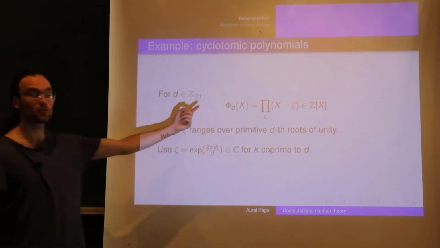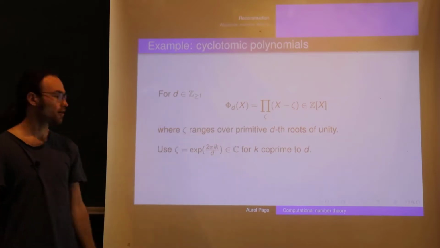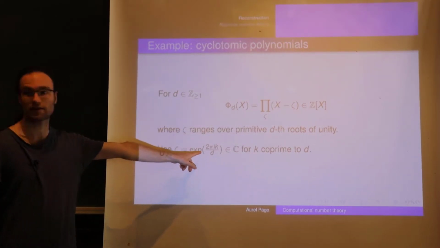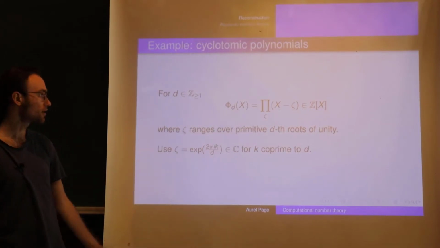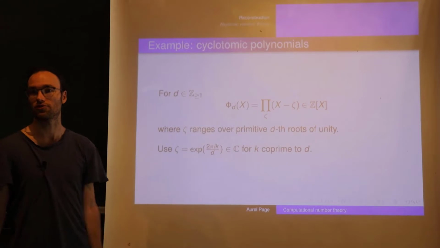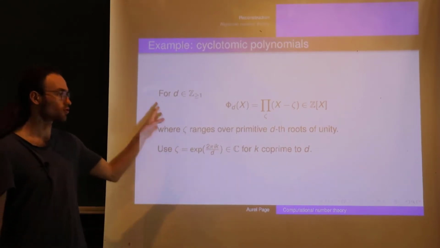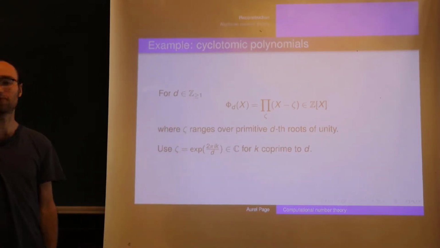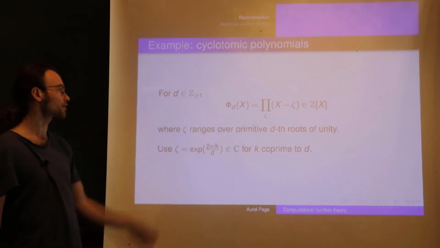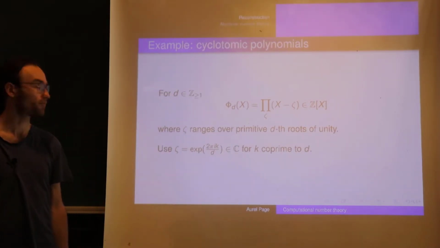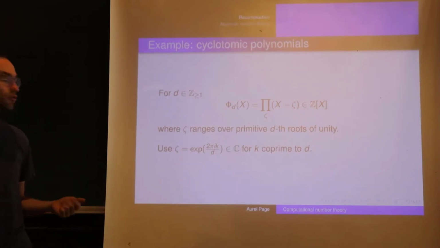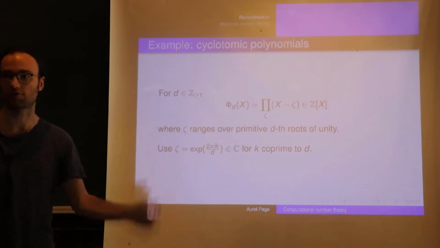And to compute that polynomial, even though it's integral, one easy way to do it is to actually use the complex roots of unity, compute this product as a complex polynomial, and then recover the integers. Okay, so that's sort of the prototype reconstruction algorithm, and there are many interesting polynomials, in fact, in number theory that you compute this way, like modular polynomials or Hilbert polynomials, etc.